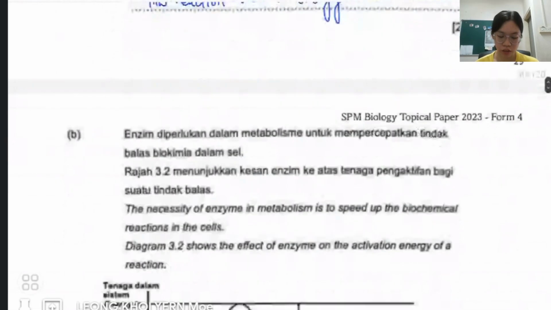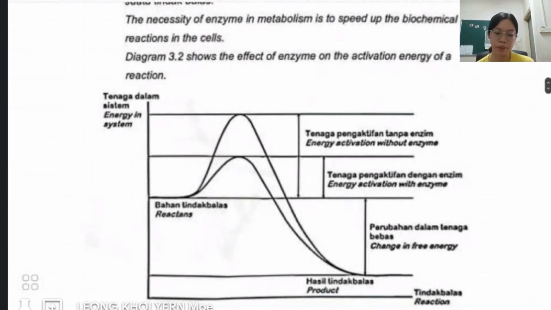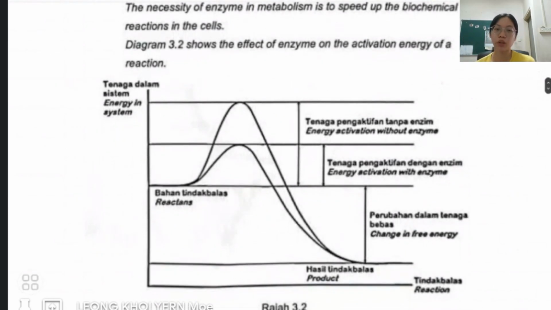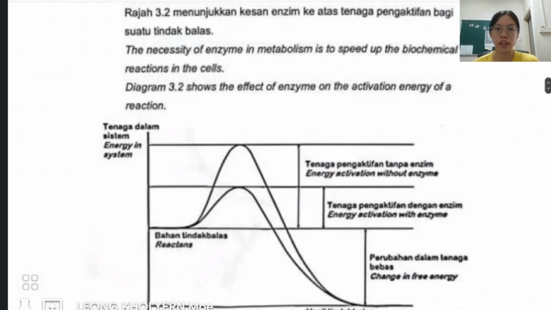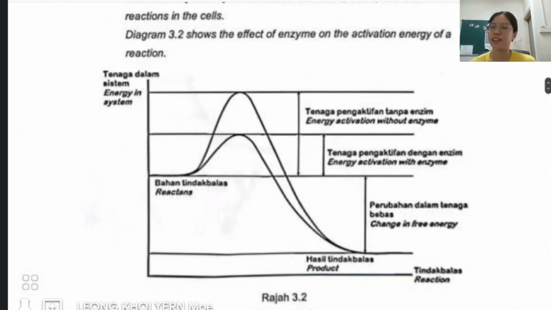Okay, so moving on. The necessity of enzyme in metabolism is to speed up the biochemical reaction in a cell. So 3.2 shows the effect of enzyme on the activation energy of the reaction. I know a lot of students hate to see biology graphs because they're hard to understand. It's not really that hard.